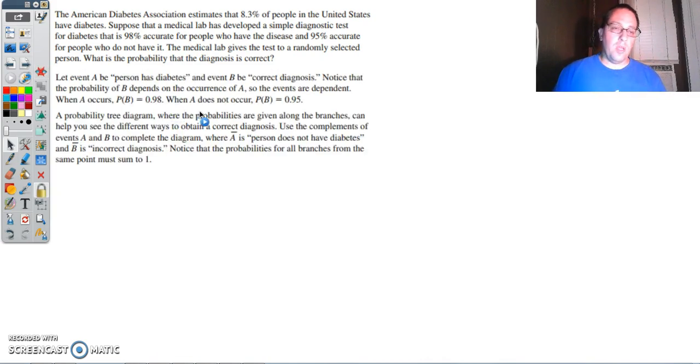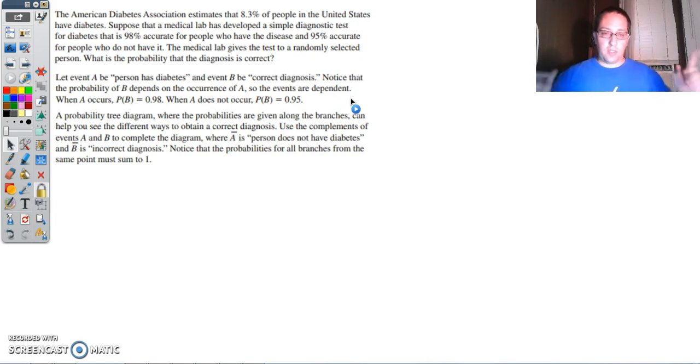All right. So what we're going to do is we need to know the probability that they have diabetes, and then the probability that if they have diabetes, the diagnosis is also correct. Okay, so we're looking for this and that. Or the probability that they don't have diabetes and the diagnosis is correct. Okay, so again, we're looking for this and that.